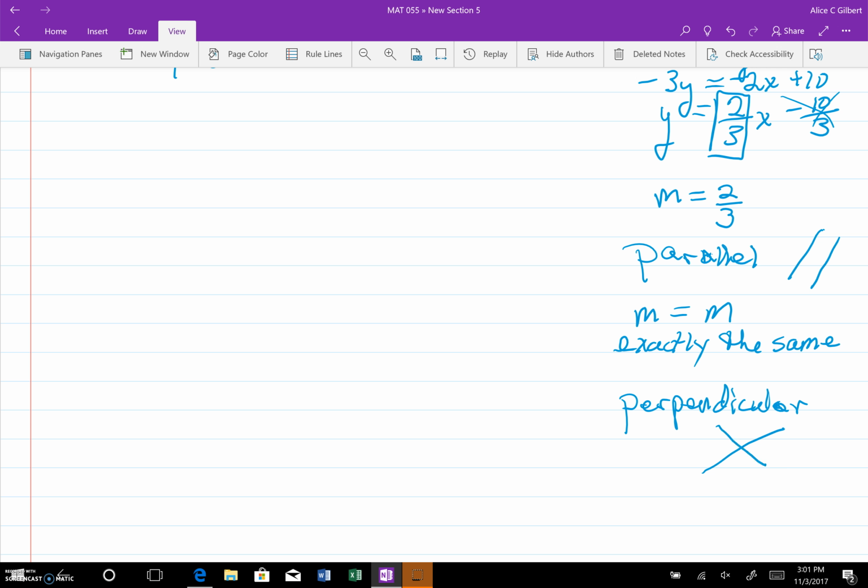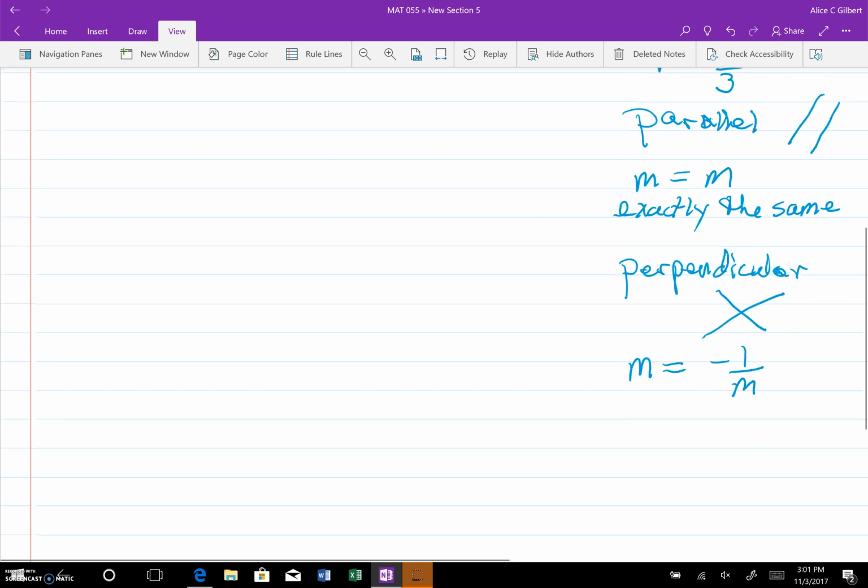They have a 90-degree angle in them. They cross and have a 90-degree angle. And the slopes for those are what's called a negative reciprocal. But all you really need to think is flip and take the opposite sign.